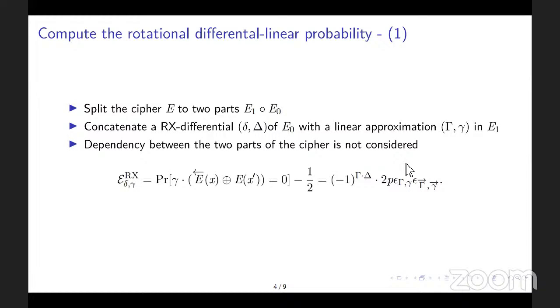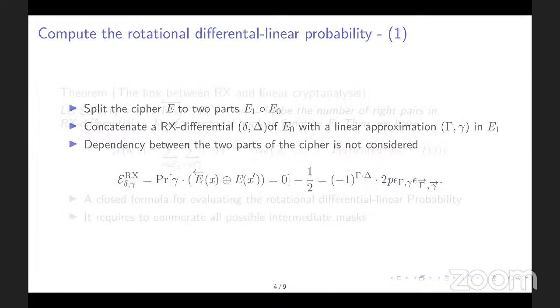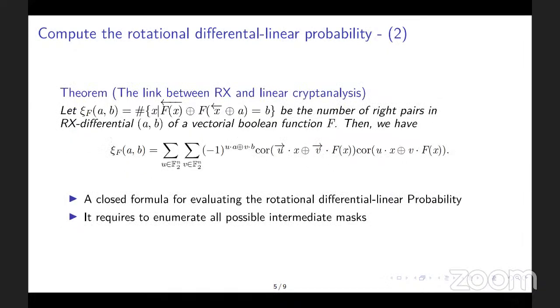But to better characterize the dependency between the two parts, a link between the rotational differential and linear approximation is presented. And based on it, we extend a previous theoretical formula on differential linear to rotational differential linear as well. And this formula will require us to enumerate all possible intermediate linear masks to compute the exact probability.